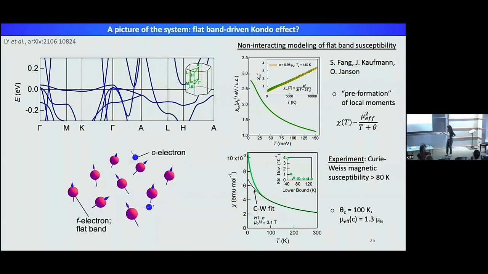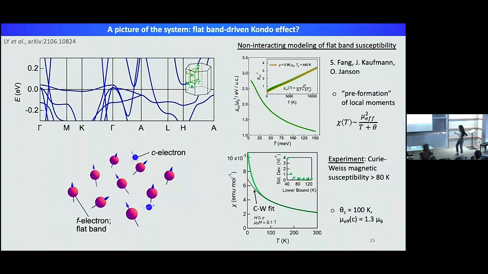I wanted to very quickly note that we found a deviation of the magnetic susceptibility from the simple Curie-Weiss starting from 80 Kelvin, and we don't have a good understanding of the origin of this deviation yet. Another comment I want to make is that the comparison between theory and experiment here is not quantitative, because if you convert this milli-electron volt to temperature, those are temperatures that are too high for us to achieve experimentally.